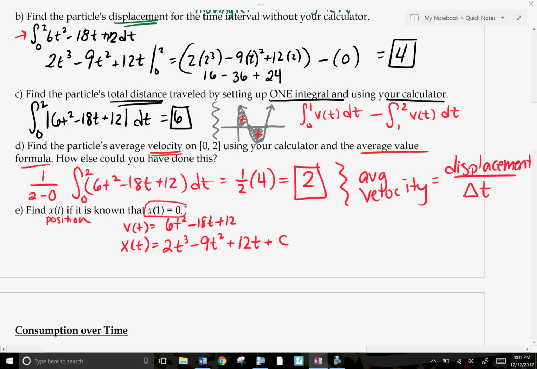And x of 1 is 0. So that means 0 equals 2 minus 9 plus 12 plus c. That's going to be 2 minus 9 is negative 7. Negative 7 plus 12 is 5. 5 plus c is 0, so c must have been negative 5, making x of t 2t cubed minus 9t squared plus 12t minus 5.